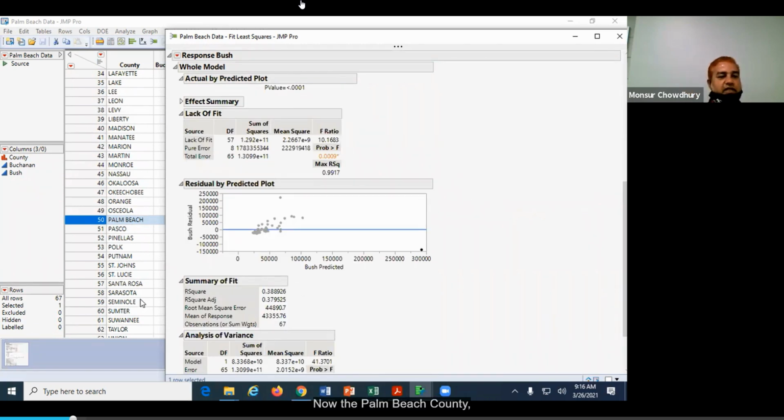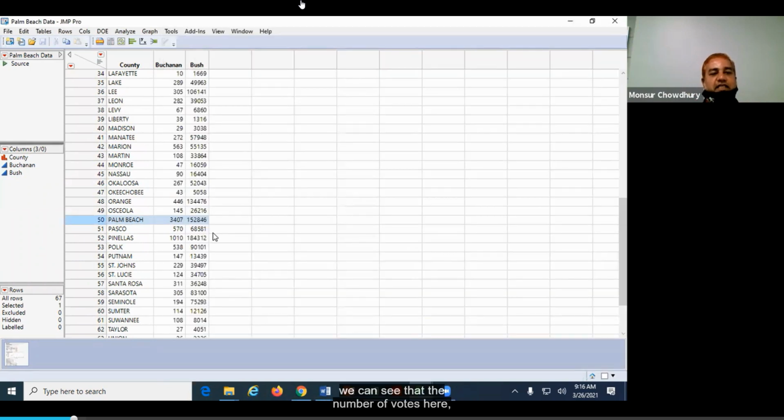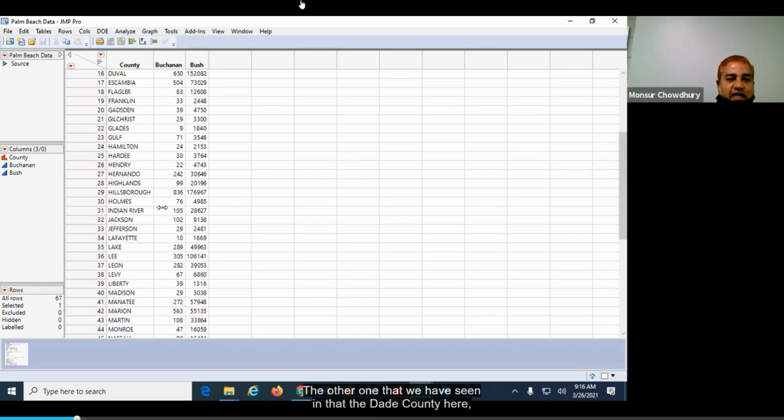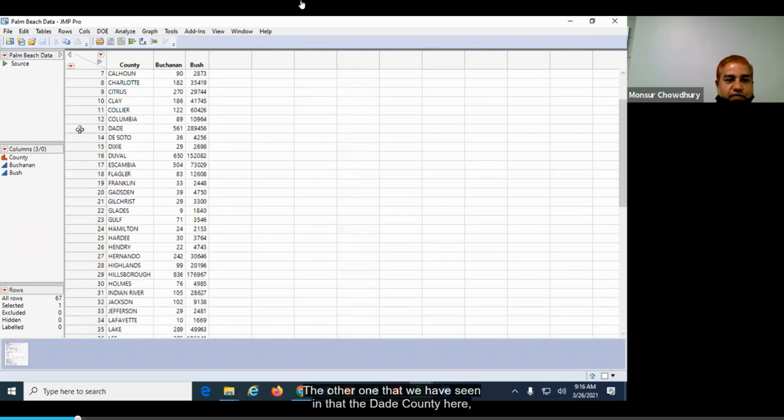Now the Palm Beach County, we can see the number of votes here, the Bush got this and the Buchanan got this, which is much higher compared to the other counties where the Buchanan vote is less. And the other one that we have seen is the Dade County here, the Bush got a high number of votes compared to the Buchanan.